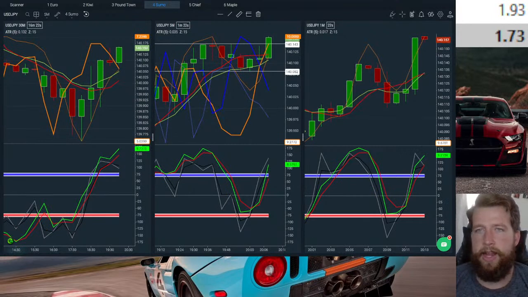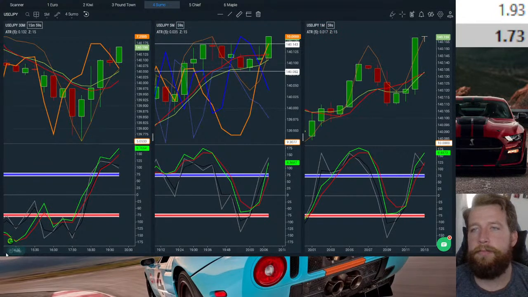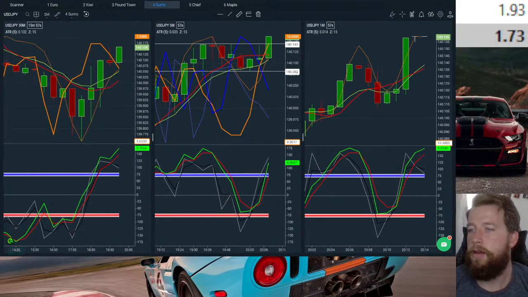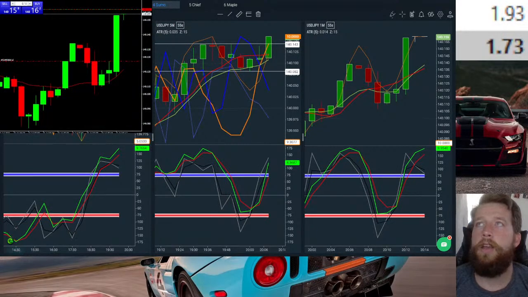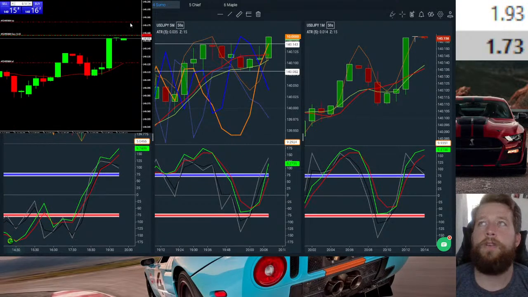Only thing I don't like is it's really not moving a whole lot. I'm going to guess if we hop in here, we're going to be in there for longer than we would like before it really moves where we want it to. All right, we're going to hop in. Bloop. And there's our trade. We're looking for it to go here.